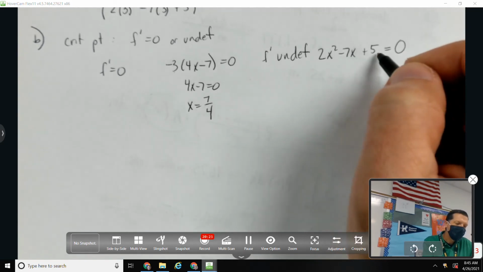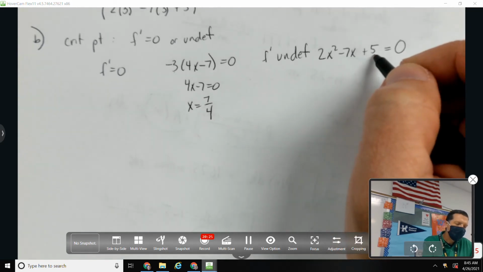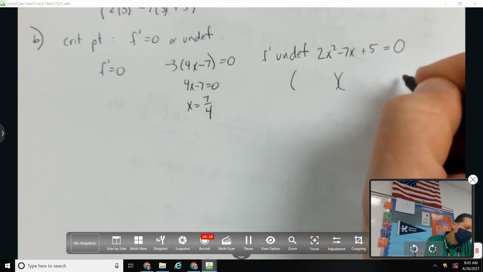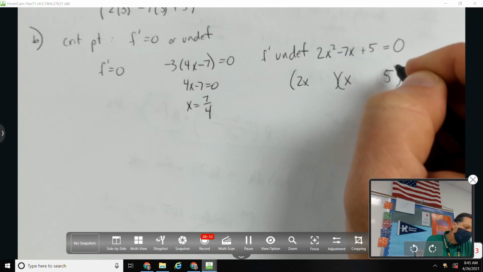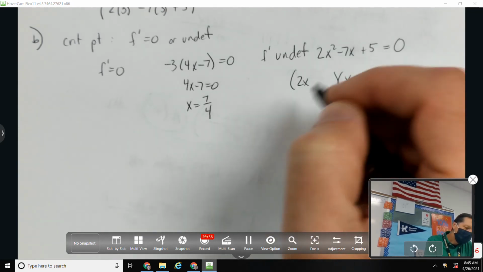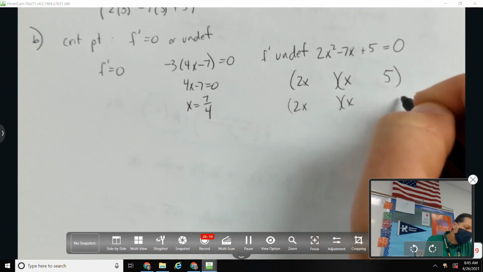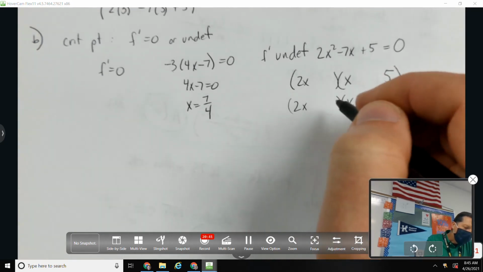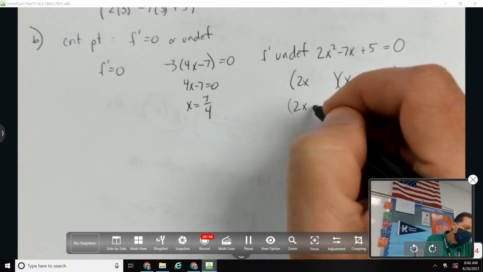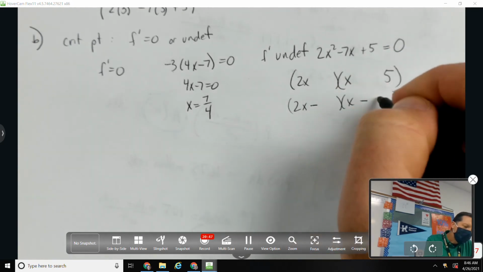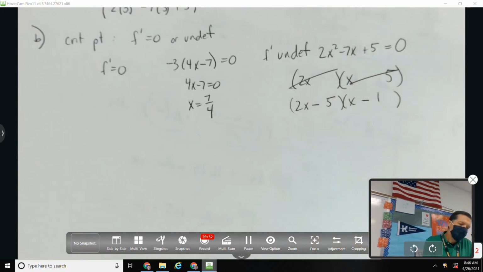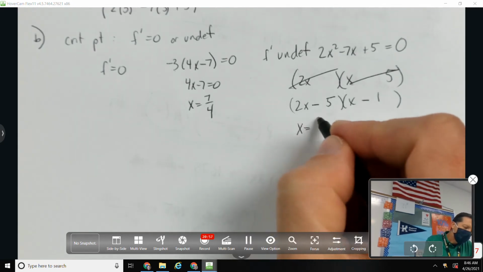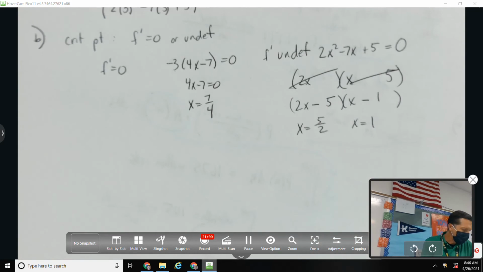There's no way, I don't think. Oh yeah, 5 and 2. I did that wrong, didn't I? Because we want them both to be negative, and then 1 and 5 like that. Yeah. So x equals 5 halves and x equals 1.